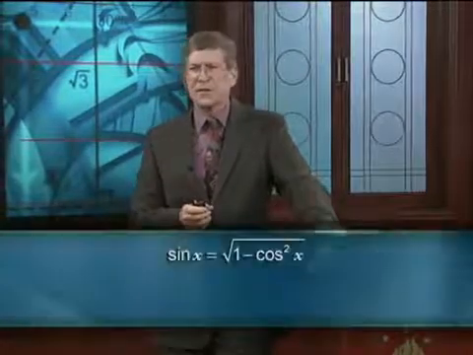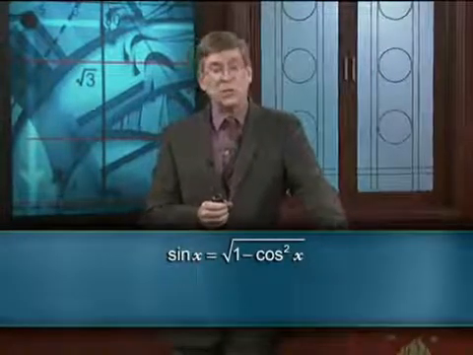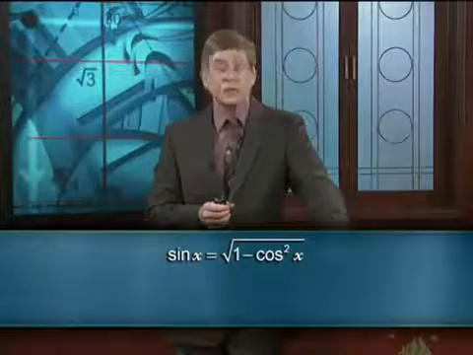Let me show you a simple example of a false proof. You'll see that if you start with what you want to prove, you'll make a mistake here. So suppose somebody tells you, hey, the following equation is true: sine x equals the square root of 1 minus cosine squared x. Let's try to prove that.